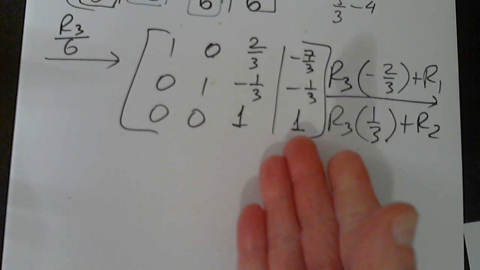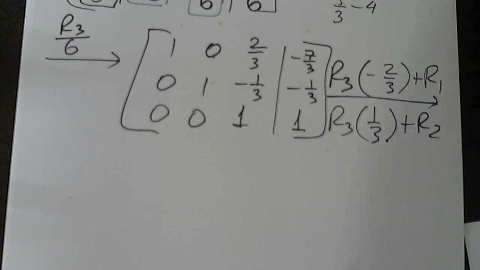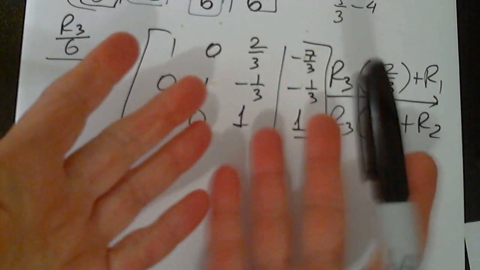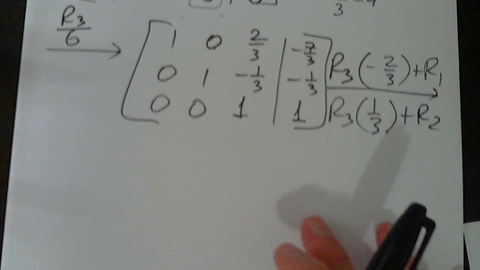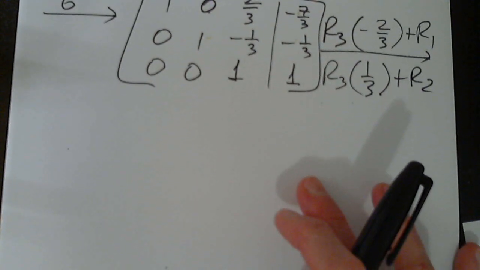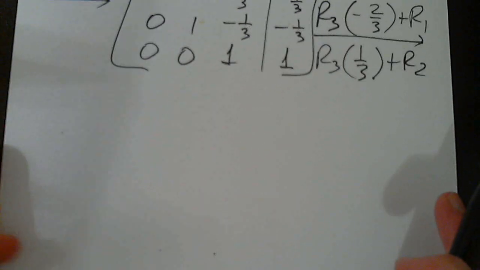Z, and it's just 1. That's it. Exactly. We are working actually on X and Y now. Very good. Yes, it's a cumbersome method. It is. And especially when we get fractions. But it's not a difficult concept to understand.